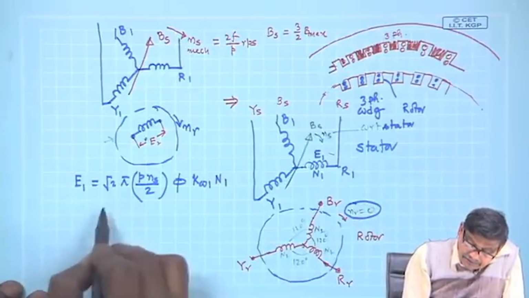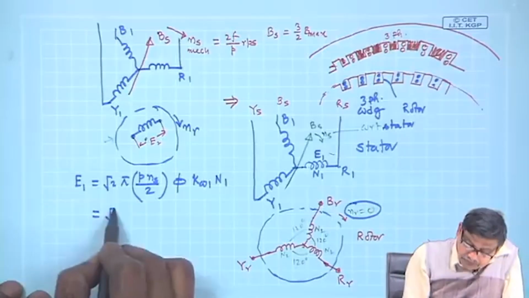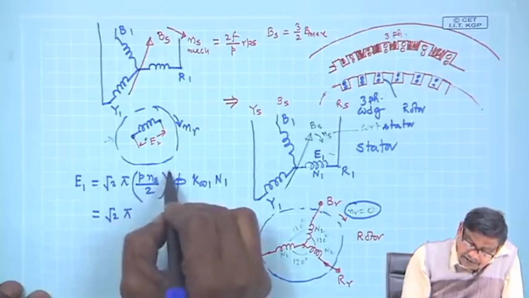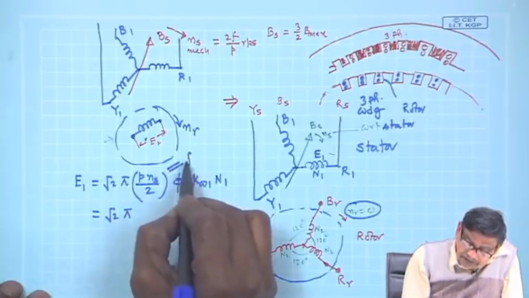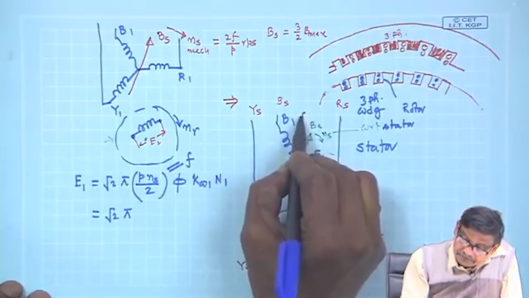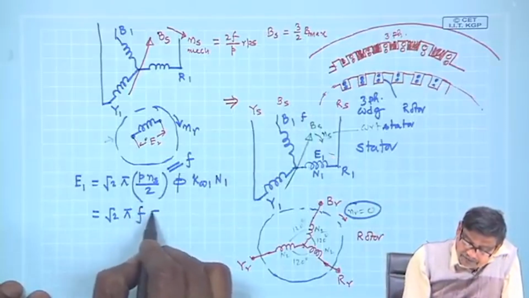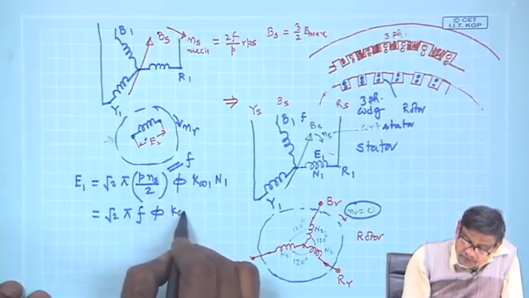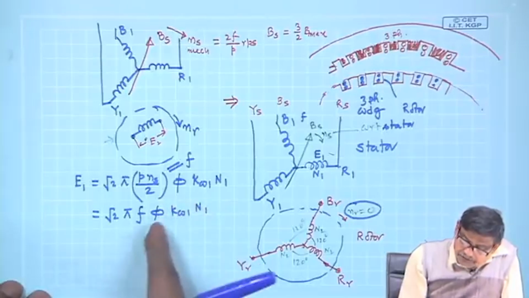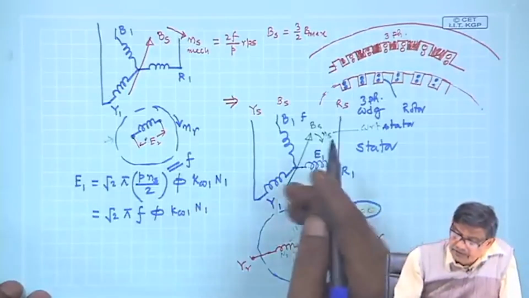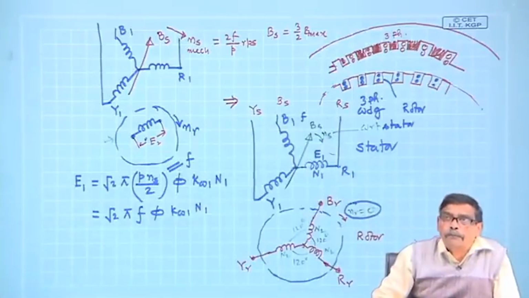and this is nothing but √2 π, and P ns by 2 is nothing but supply frequency f. So, it can be written as √2 π f φ kW1 N1. And what is φ? φ is the flux per pole of Bs.